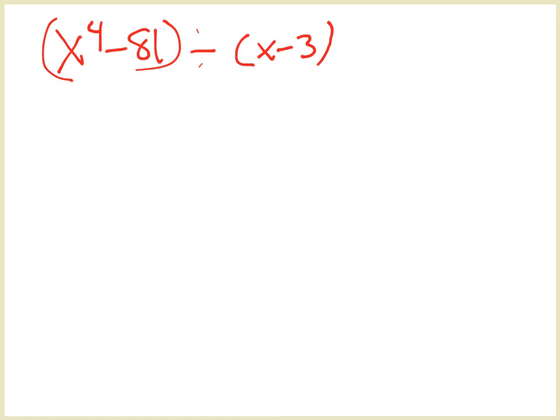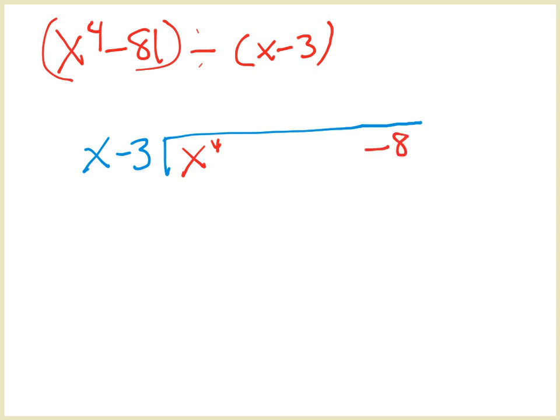All right. So I have my x minus 3 into, now notice I have the x to the fourth and I have minus 81.